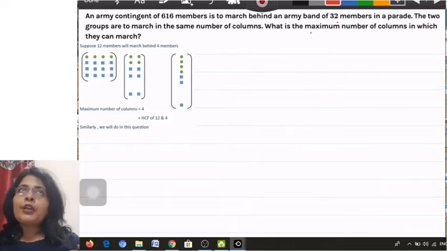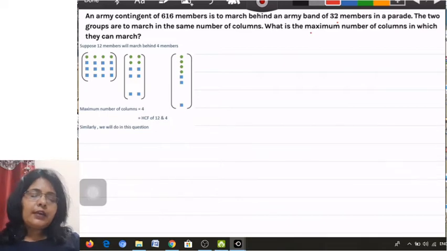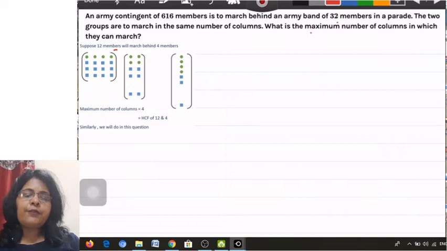So what I told you, whenever the logic sets of this type, that a lesser number will come, we will find out the SCF. I have just given you an example also. Suppose 12 members will march behind 4 members. So in this way we will manage. So what will be the maximum number of columns? To find out the maximum number of columns, we will just take out the SCF.